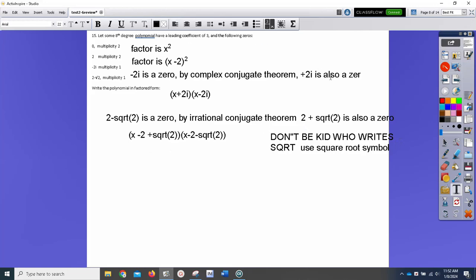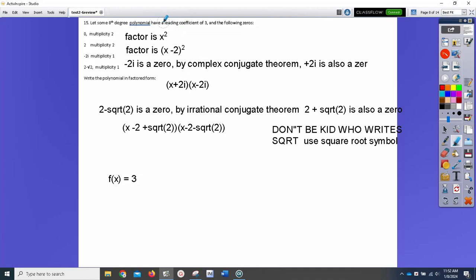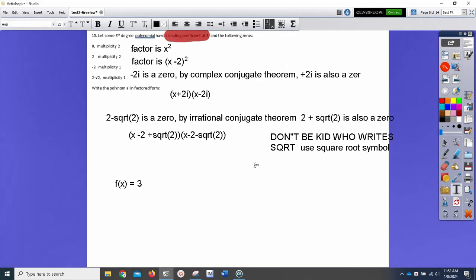All right, what do we know here? We have a leading coefficient of 3. So when I start writing this function, I have a 3. Leading coefficient of 3, right up there in the text. Then I'm just going to write down my factors. The first factor was x to the second. The next factor is x minus 2 to the second.